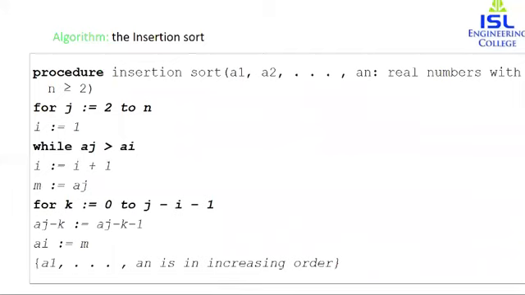In the case of insertion sort, it is a simple sorting algorithm, but not the most efficient. To sort a list with n elements, the insertion sort begins with the second element.